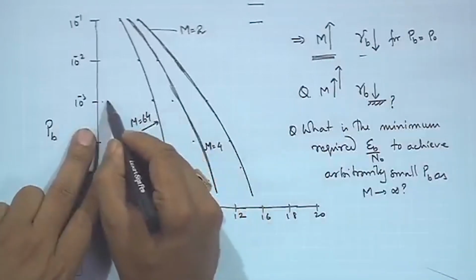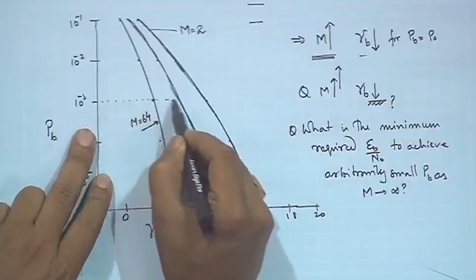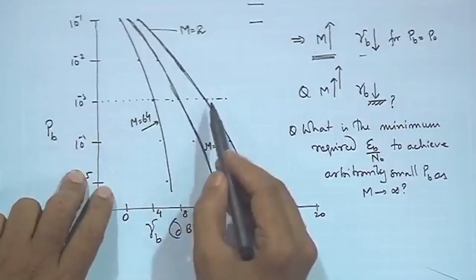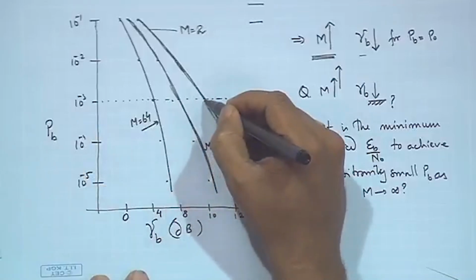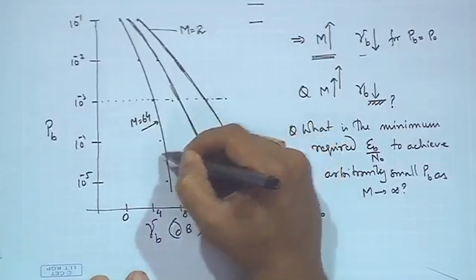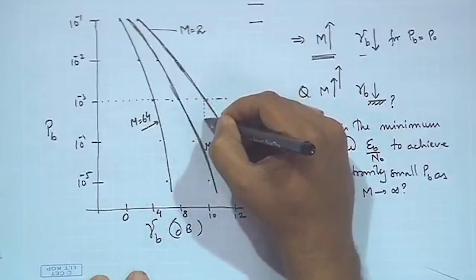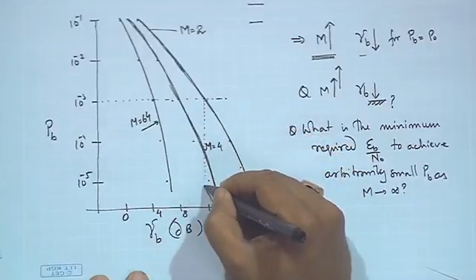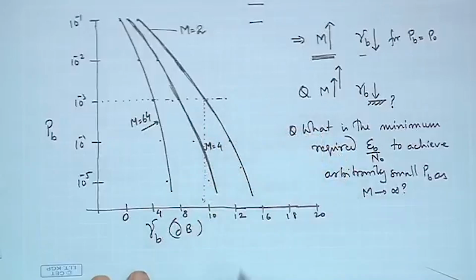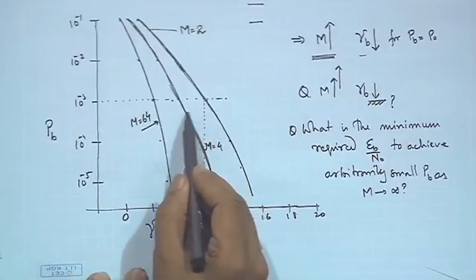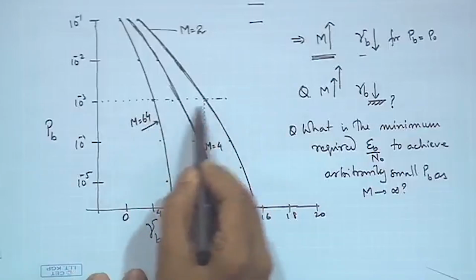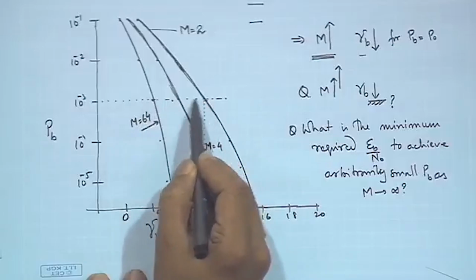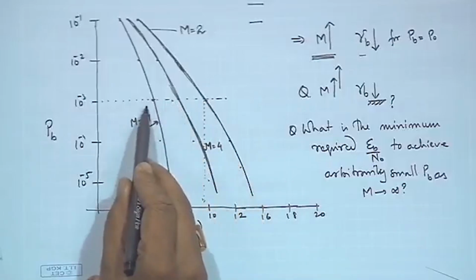That means, if I keep a particular probability of error and increase m, going from this m to this m and this m to this m, with the same P_B I am changing from m equals 2 to m equals 4 to m equals 64.